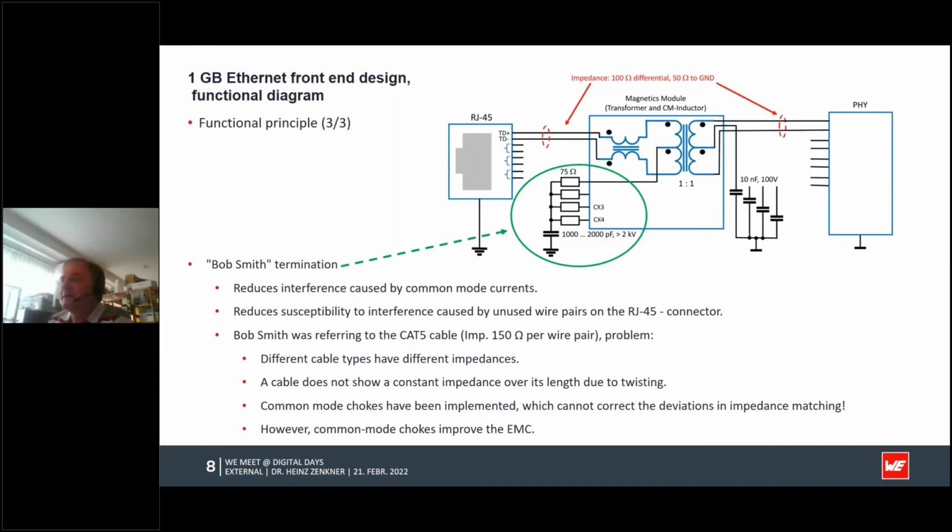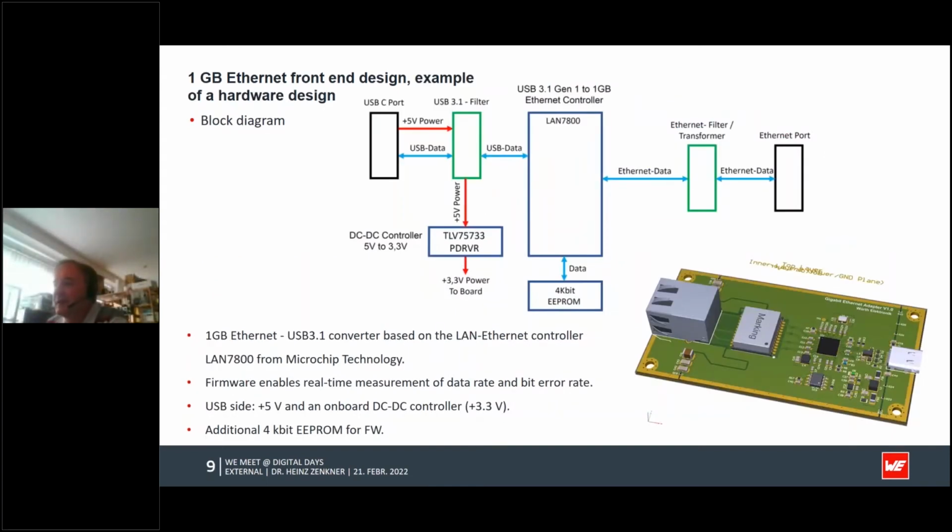The next slide shows you the reference design we have set up to make measurements and to give you some ideas how such an interface could look. On the one hand, we have a USB 3.1 connection to a Windows application, to a notebook.